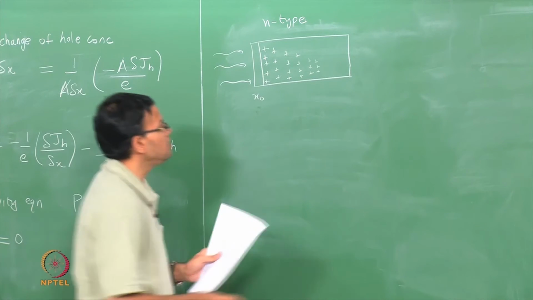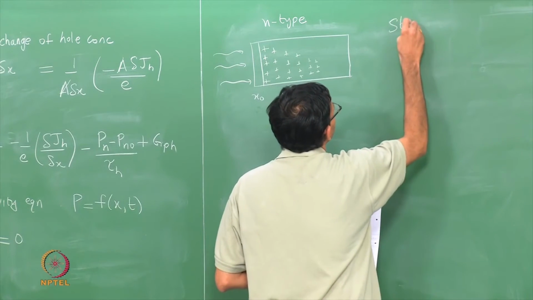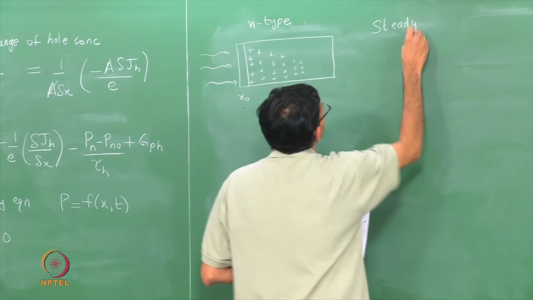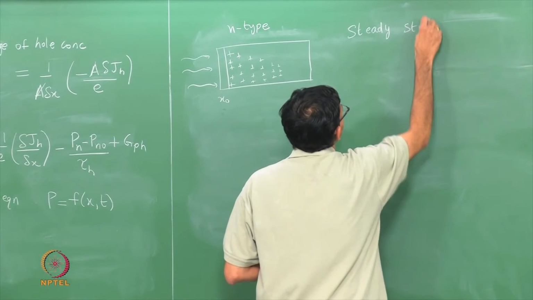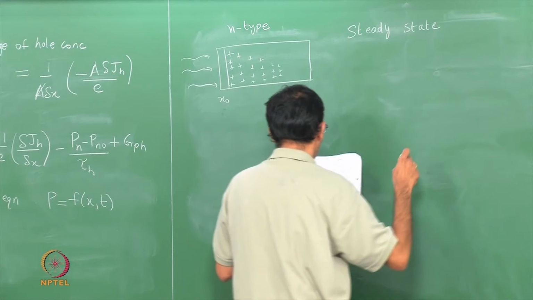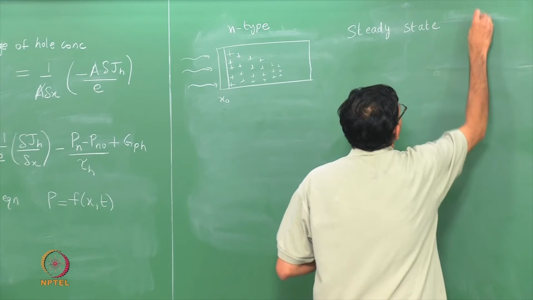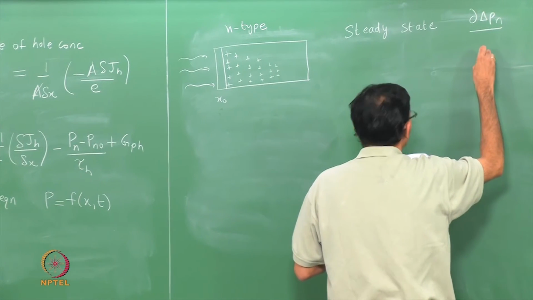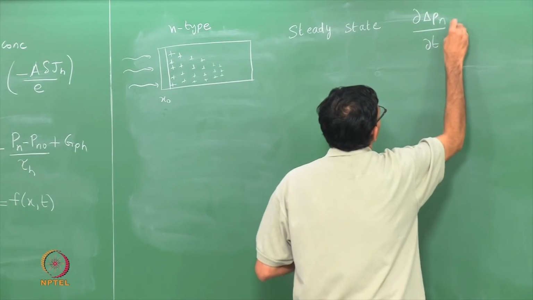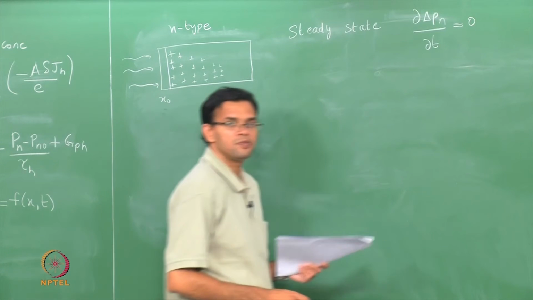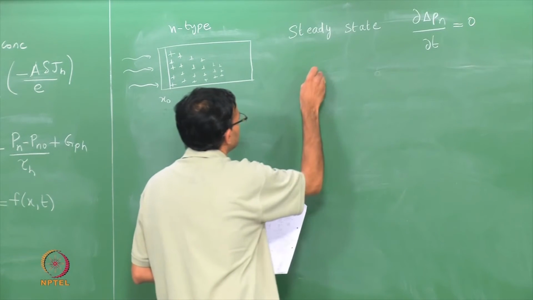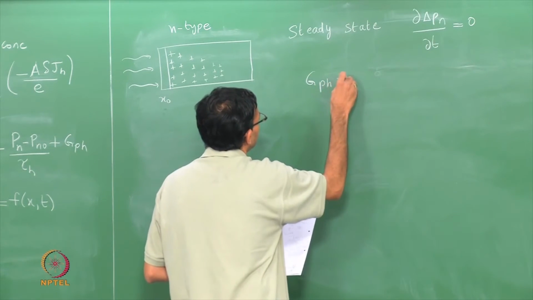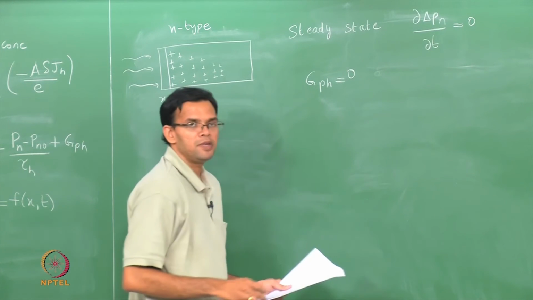So, we are considering the system at steady state. So, that ∂ΔPn/∂t is 0. We also have a system of illumination only at the surface, so that Gph is 0.